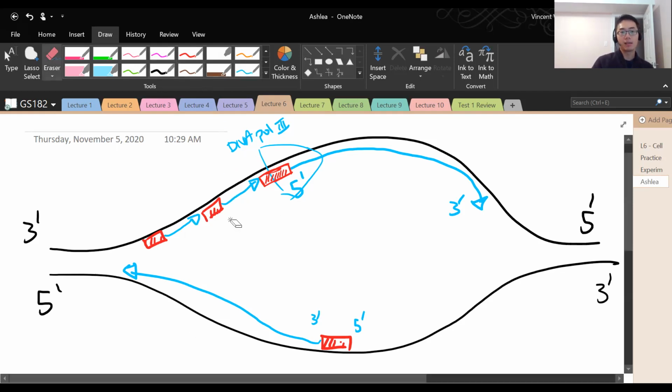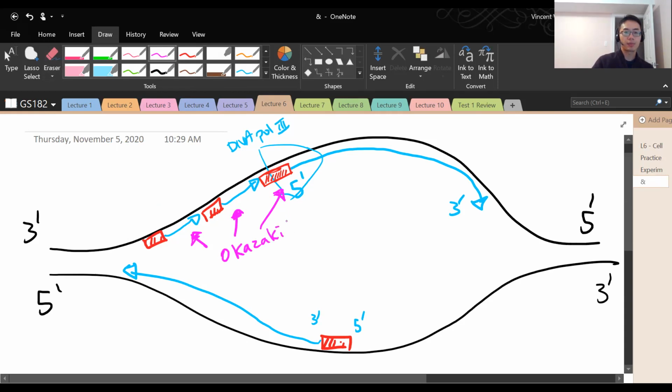once on one side of the fork, one strand will be replicated in fragments. Okay, these fragments are actually called... Anybody remember what they were called? The fragments. The Okazaki fragment. That's right, named after the scientists who discovered them.